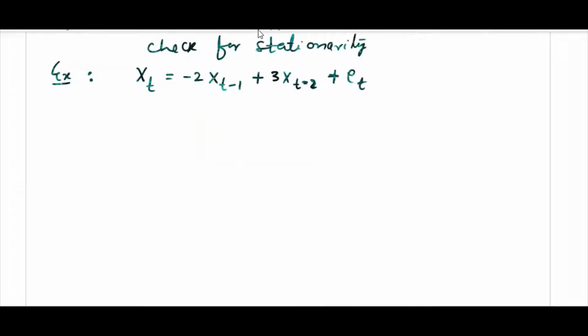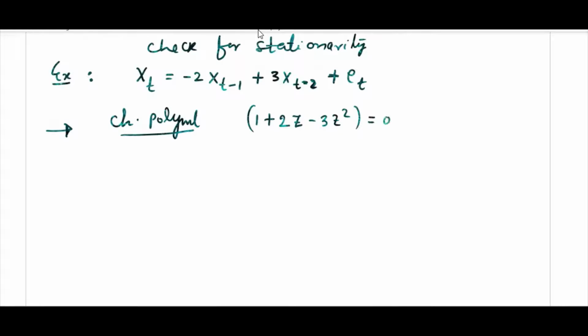Then what you need to do is find the characteristic polynomial. That's all. That will be 1 plus, because you have to take everything to the left, 2z minus 3z square. You have to solve this one.